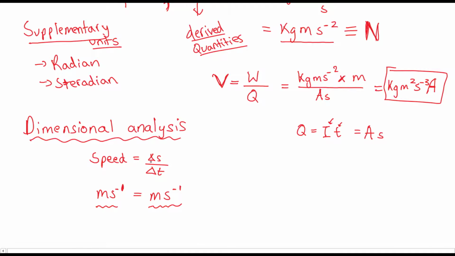At least in terms of the unit, it's correct. Not sure about the constants, etc. So through this, we can say this rule that in an equation like this, the two sides have to have the same unit, is called the rule of homogeneity.